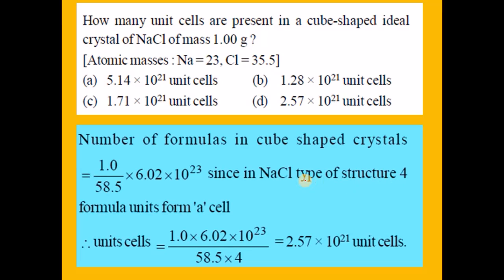Since NaCl is a rock salt type structure, 4 formula units form a unit cell. So this is the number of formula units, and to calculate unit cells, 4 formula units are there per unit cell. Upon cross multiplication, we got this entire number of formula units divided by 4, which equals 2.57 into 10 to the power 21 unit cells. That matches with our D option. So D option is the right option for it.